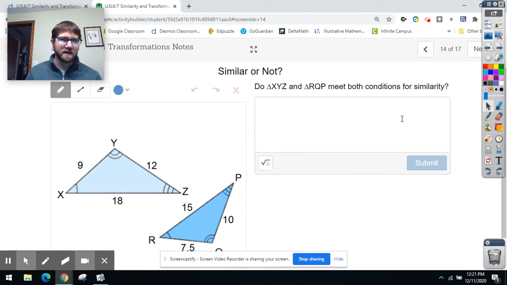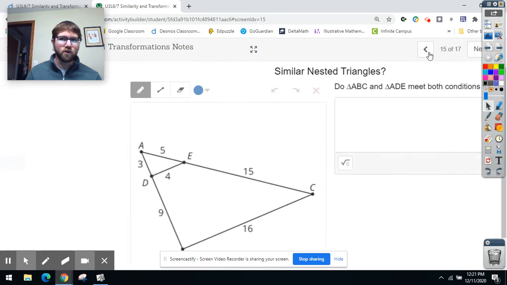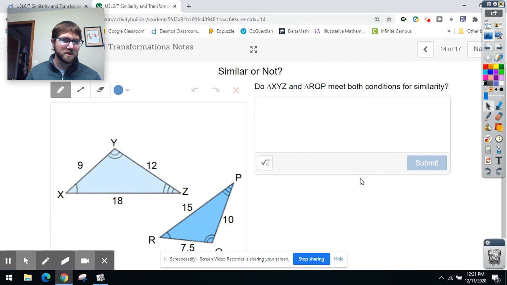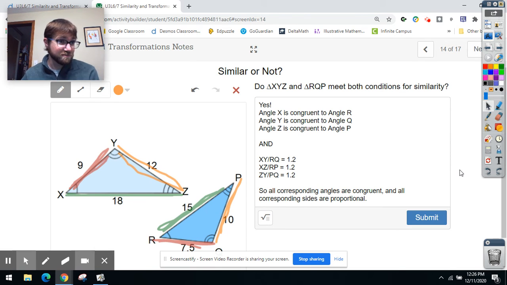Okay, do the triangles on page 14 and 15 meet those conditions to be similar? Why don't you take a moment to consider, and then I'll talk about it again. Okay, short version. Yes, this pair of triangles is similar because all of the angles are marked as being congruent. Those little arc markings in the corner tell me so.